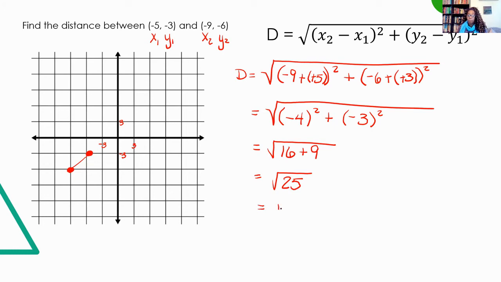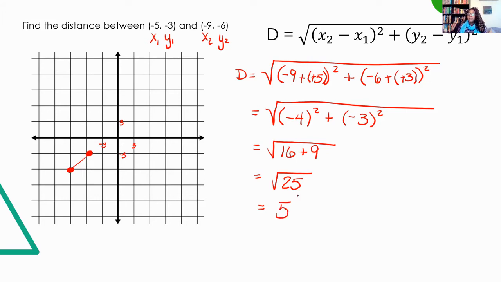Now, I know most of us will say, oh, it's plus minus 5. But here's the thing. We're looking at distance. So does it make sense for us to have a negative length for distance? No. So instead of worrying about the plus minus, we're just going to write the positive version of 5. Okay?